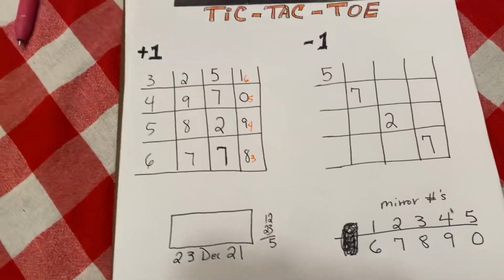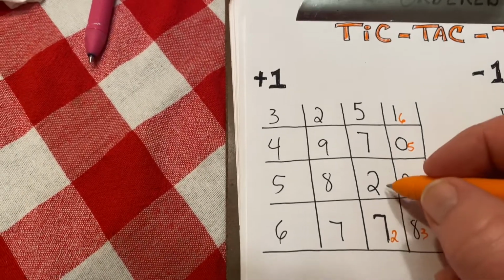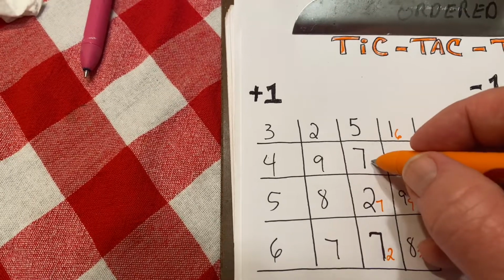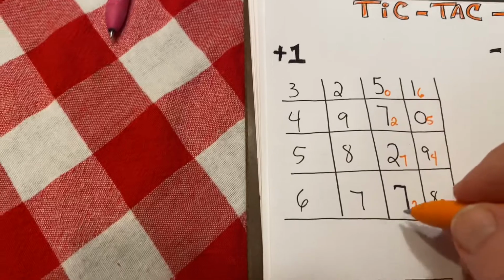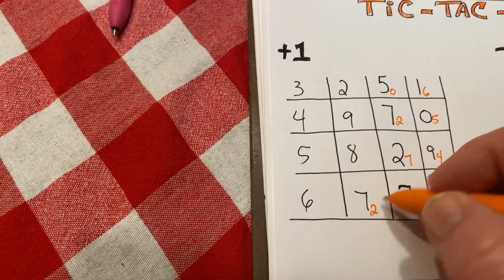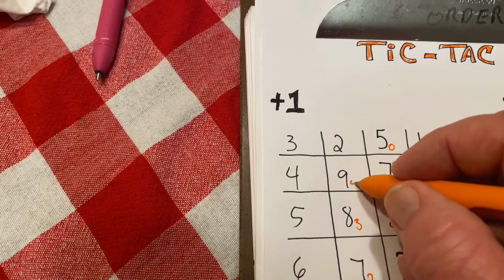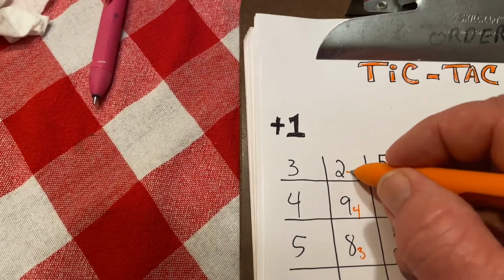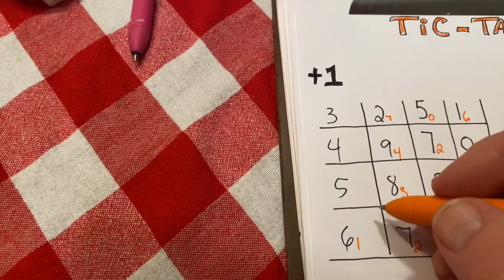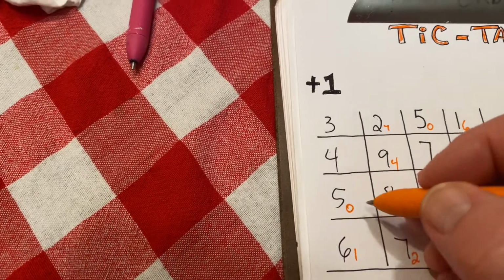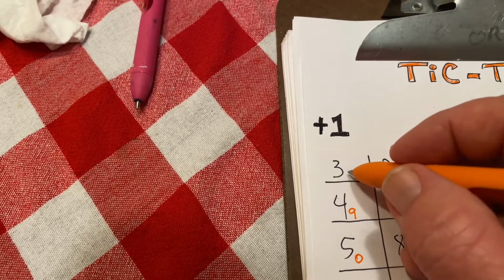All right, now we're going to do 7 is a 2, 2 is a 7, 7 is a 2, 5 is a 0, okay, 7 is a 2, 8 is a 3, 9 is a 4, 2 is a 7, 6 is a 1, 5 is a 0, 4 is a 9, and 3 is an 8.